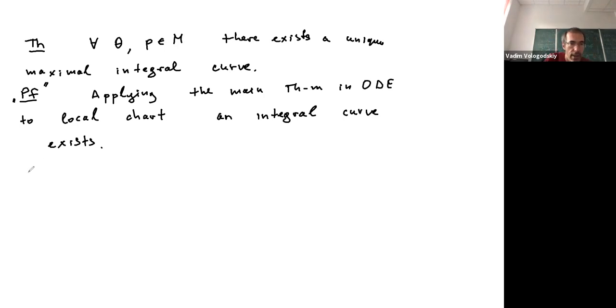So I still want to prove that there exists a maximal integral curve, right? So how to show this?